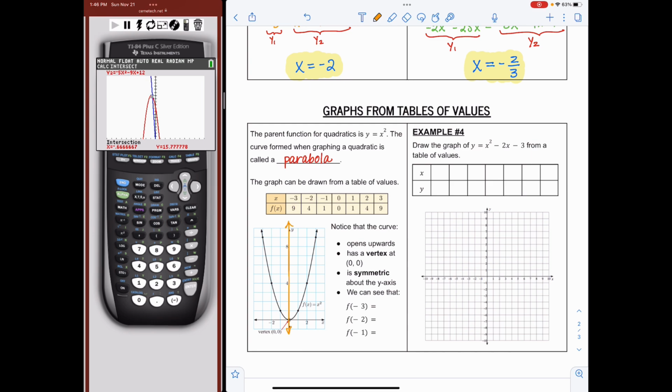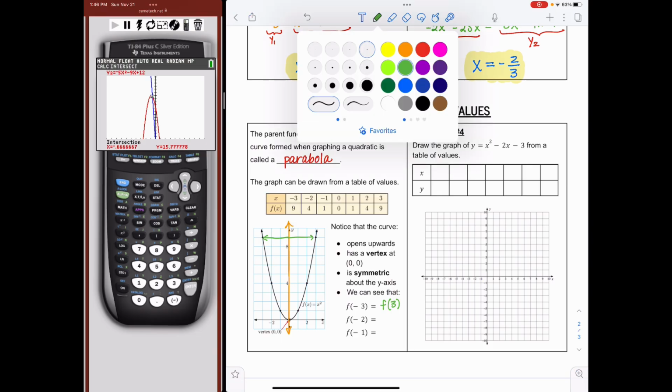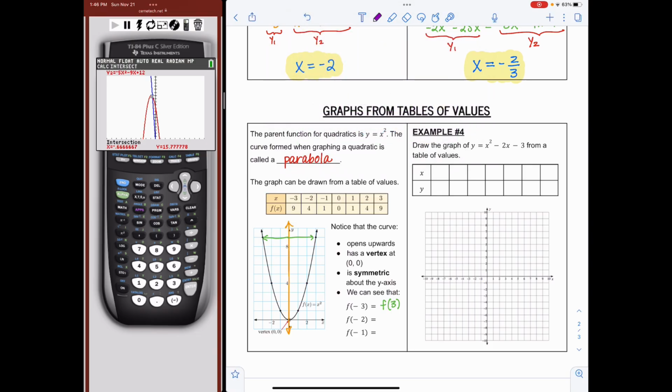And from there, we can see that f of negative 3 should be the same as f of positive 3. Remember, because f of x means y.